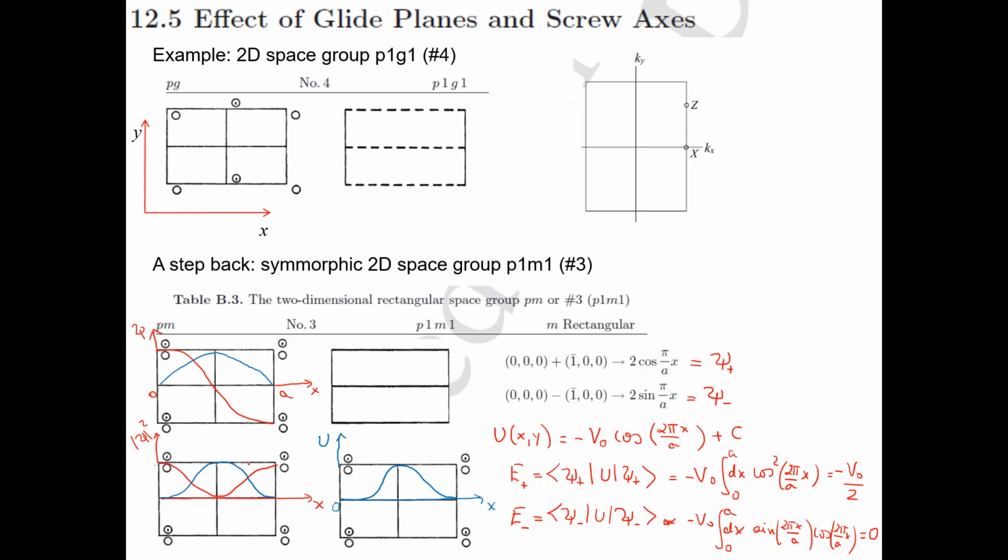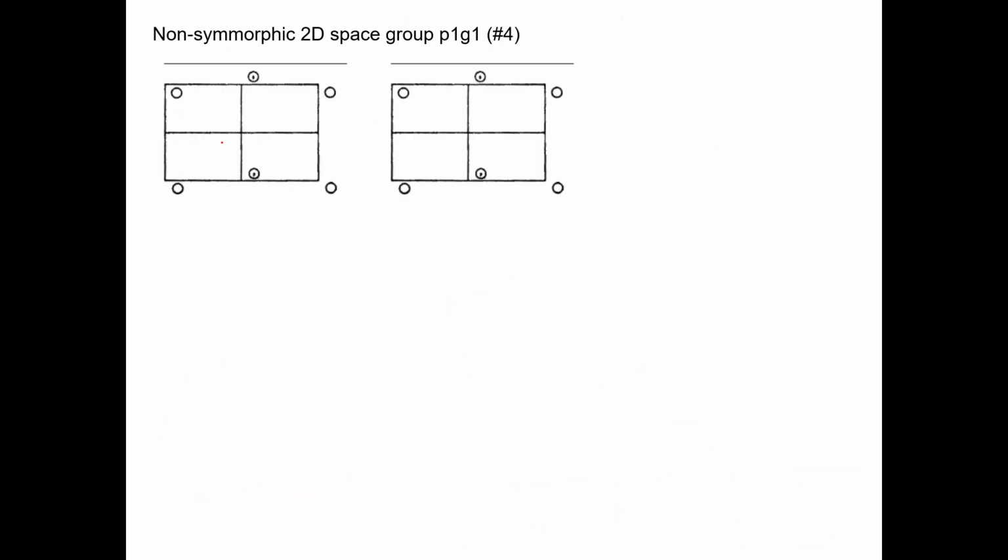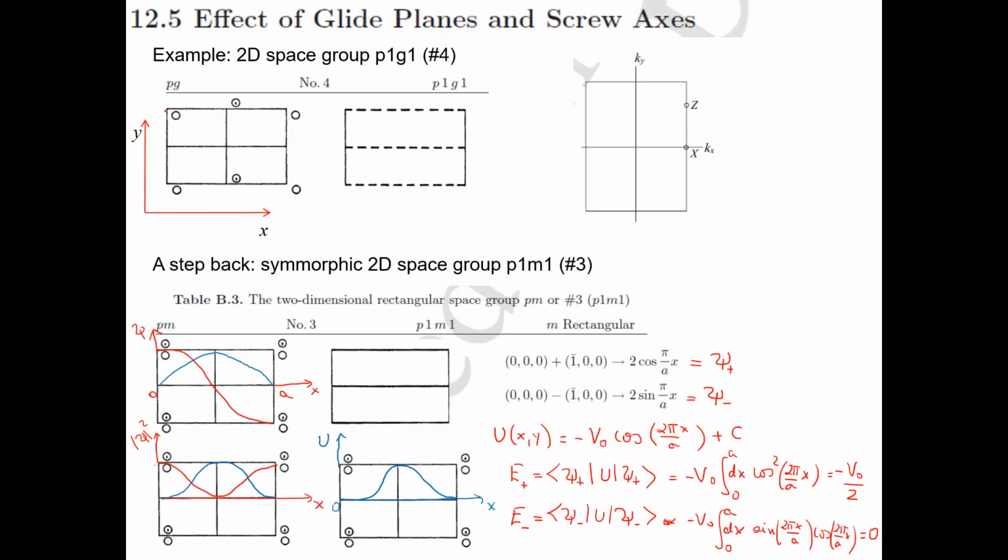Okay. Now you can already see where this is leading us when you consider now the nonsymmorphic structure. So if you take now the nonsymmorphic structure, it's the same thing. Let me draw here once again the sine and let me draw psi square.